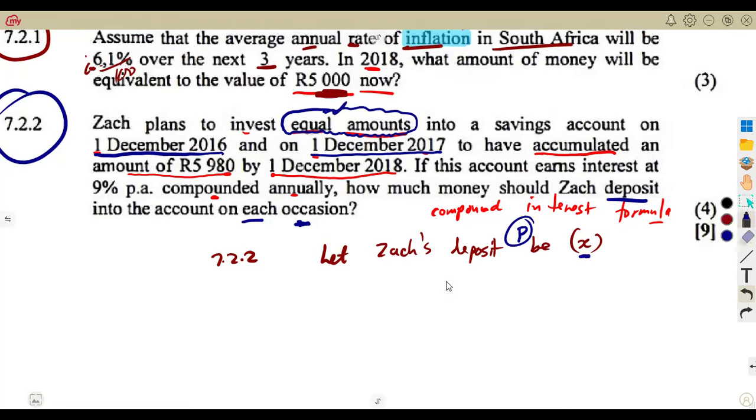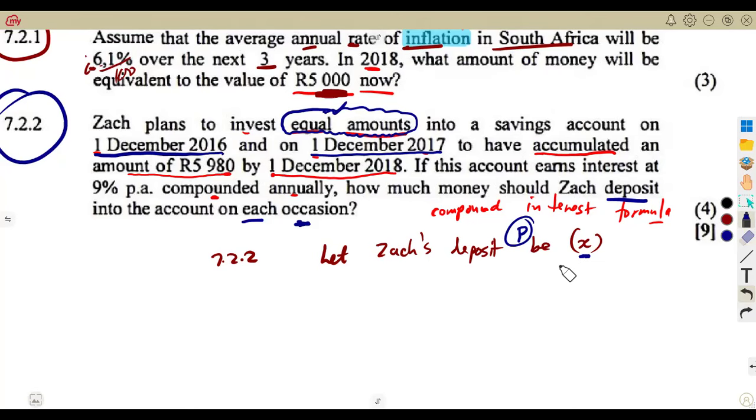If he deposited 200, the next one was also 200. The value is the same, but it was deposited on different occasions.